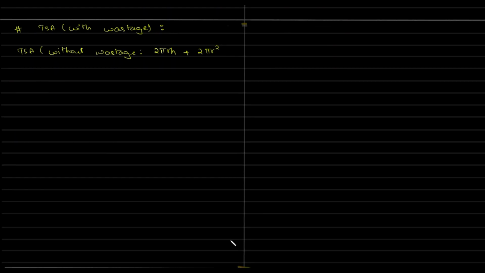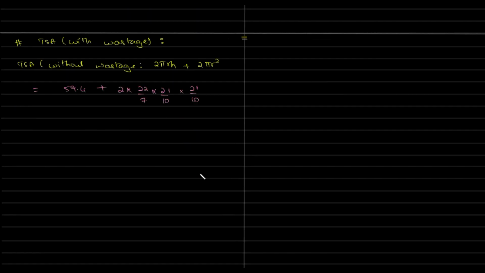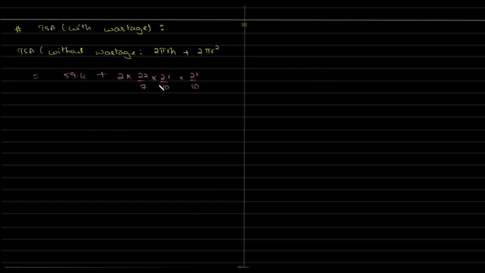And 2 pi r h is already calculated, that is 59.4, and we have 2 into 22 by 7 into radius 21 by 10 and 21 by 10. So 7 ones are 7 and 7 threes are 21, and this is 59.4 plus 44 into 63 by 100.